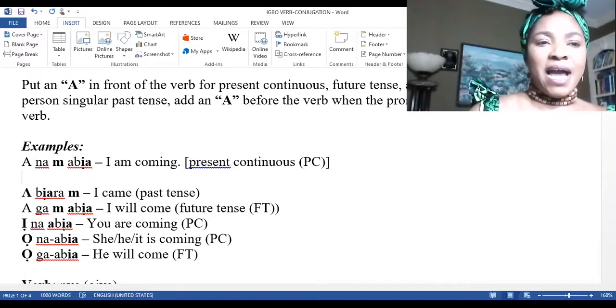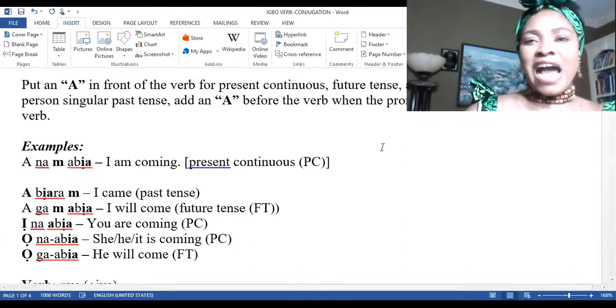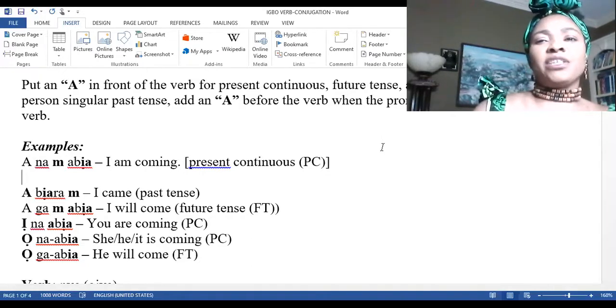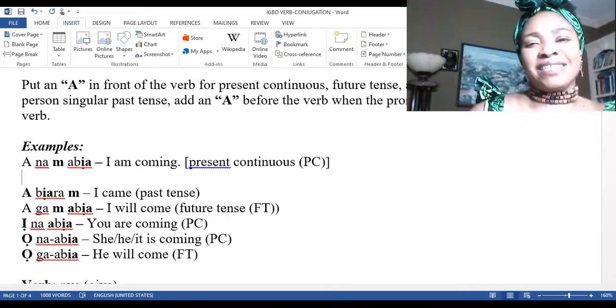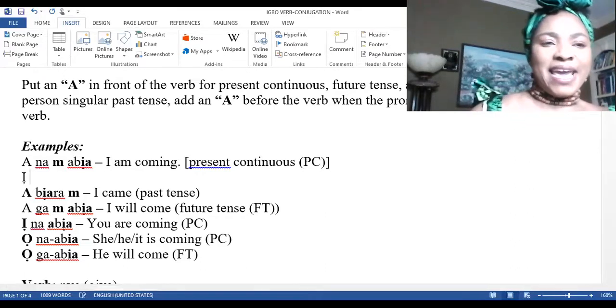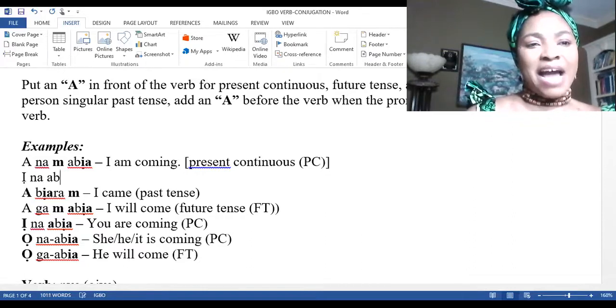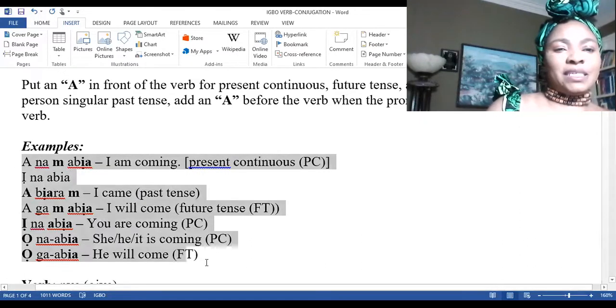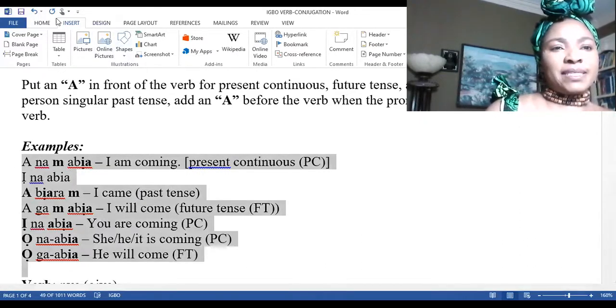Ị na-abịa. And the capital I, it's not the same way we write it in English. This is the capital I here. Ị na-abịa. Let me make it big because I'm not sure you can see it very well. I'm gonna maximize it.